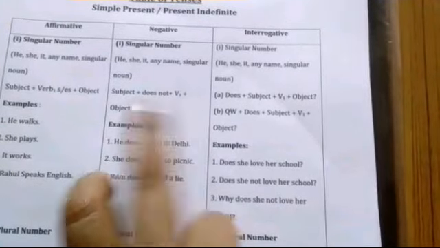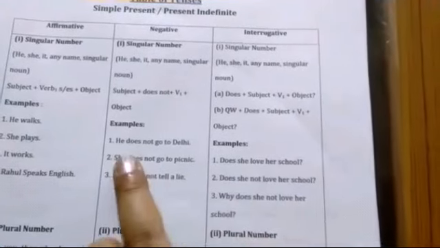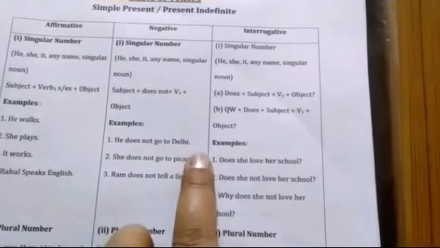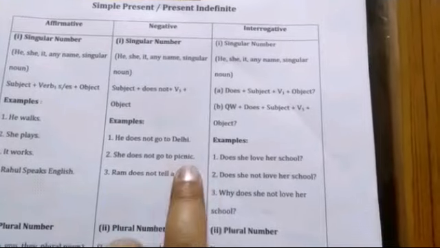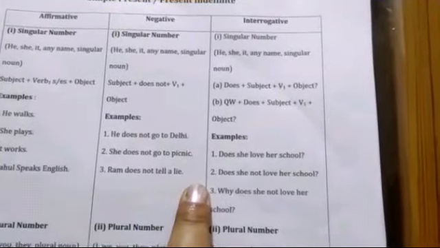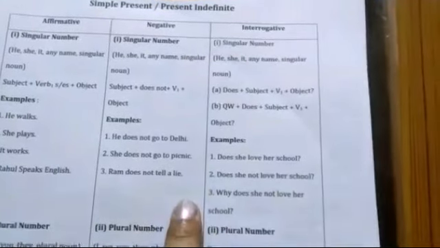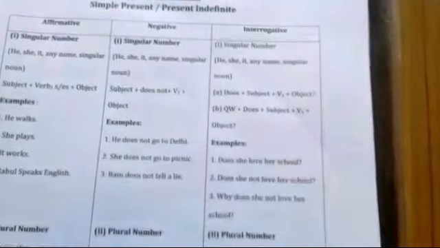Okay, and then object. You can see the examples: he does not go to Delhi, she does not go to picnic, Ram does not tell a lie. These 3 are the examples of negative sentence in simple present tense.